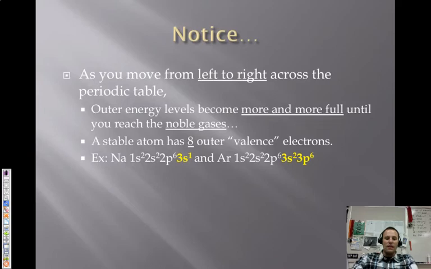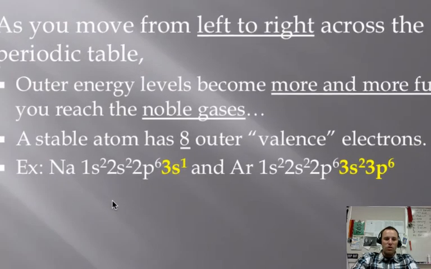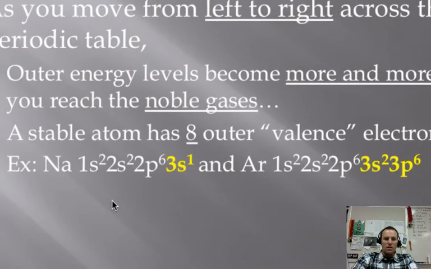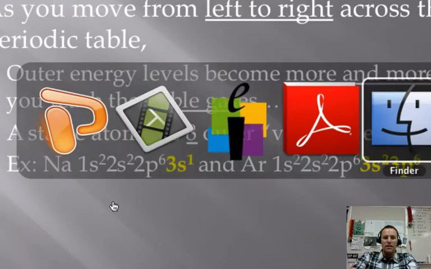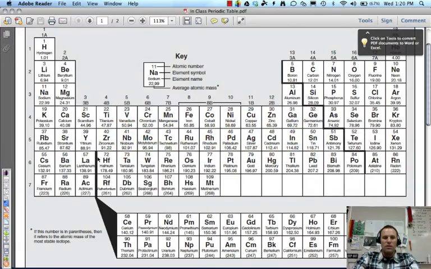Everybody wants 8. So if you take a look at the electron configuration for sodium and argon, sodium is 1s2, 2s2, 2p6, 3s1, whereas argon is 3s2, 3p6 on the end. So let's look at the periodic table and look at our two elements again.